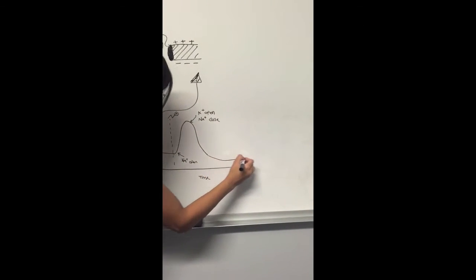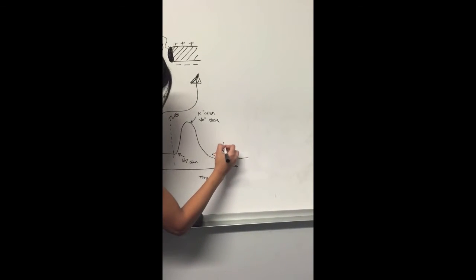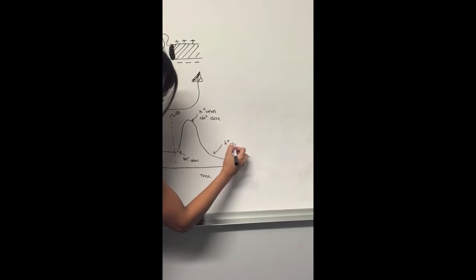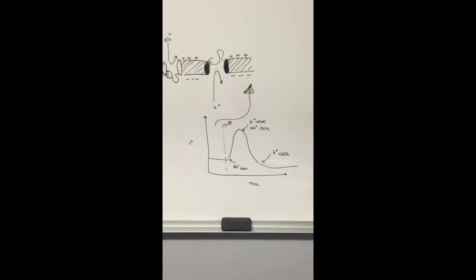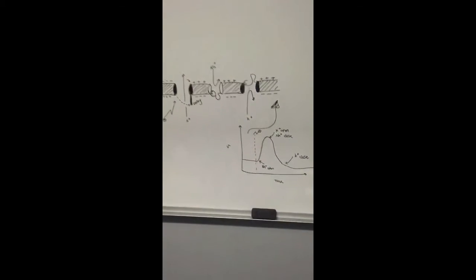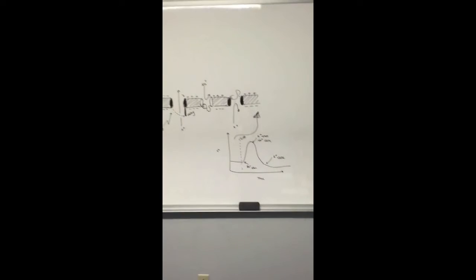The positively charged K+ rushes out of the cell, and the cell becomes negatively charged, and we can see that on this graph. Then the K+ channel closes, and the resting membrane potential returns. This up and down graph shows a typical action potential.